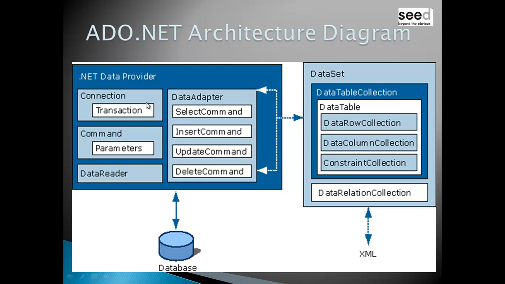The connection class is obviously to connect to that particular database, the command class to execute some command on databases, the data reader class to read data from databases, and the data adapter class we use in case of disconnected architecture.